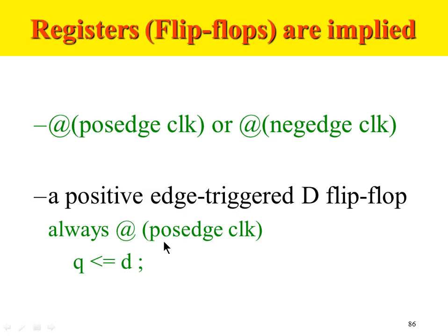Very usually it is a positive edge. So on every positive edge of the clock, the always block is triggered. On that positive edge, whatever the D value is goes to output Q. This is the classical definition of a D flip-flop. In hardware, in the netlist, a D flip-flop will be implemented. In this case posedge, but you can also use negedge.